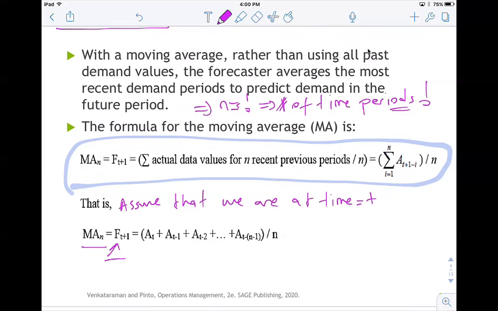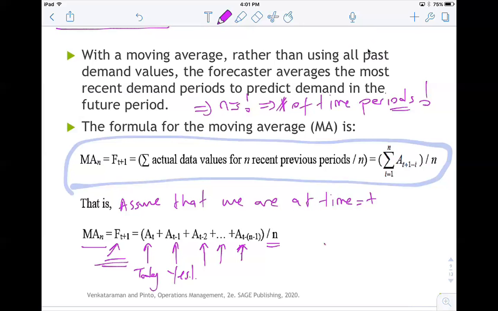If you assume that it is the day, then the forecast for tomorrow is going to be the actual value that you have for today, and the actual observation that you had for yesterday, and the actual observation you had for the day before yesterday, and so on, all the way back by n periods. You add them up and divide by n. It's basically taking the average of the previous n time periods.